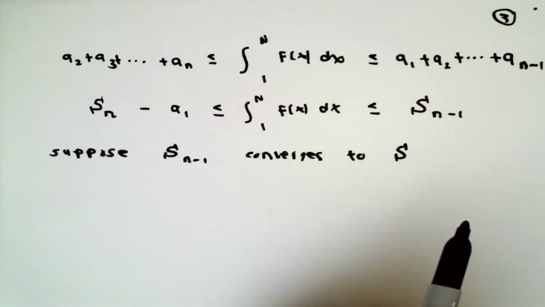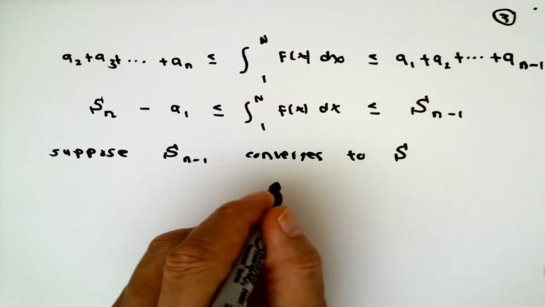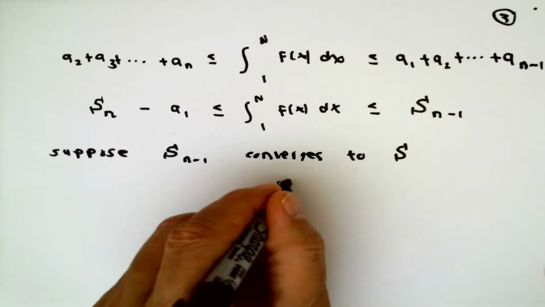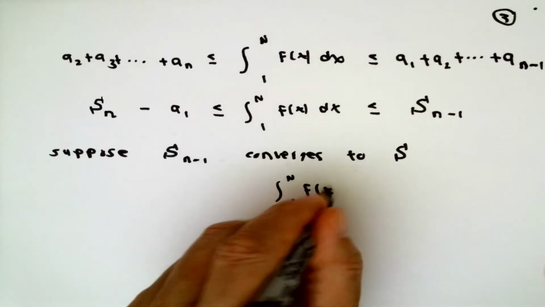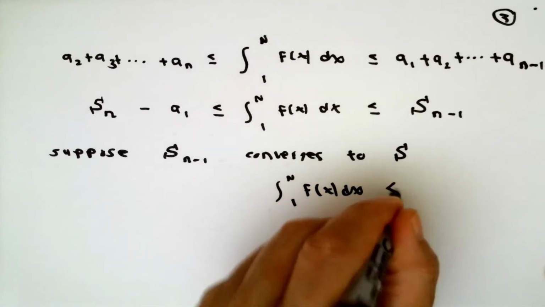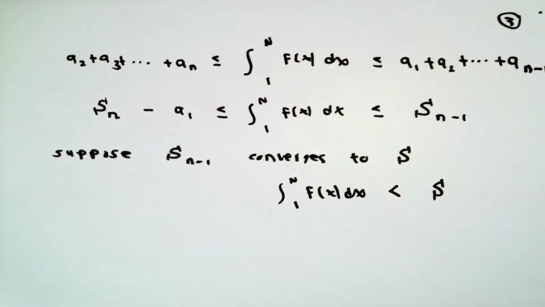So it must be true that each partial sum is less than S. Also, since the function f is positive, its integral is positive.